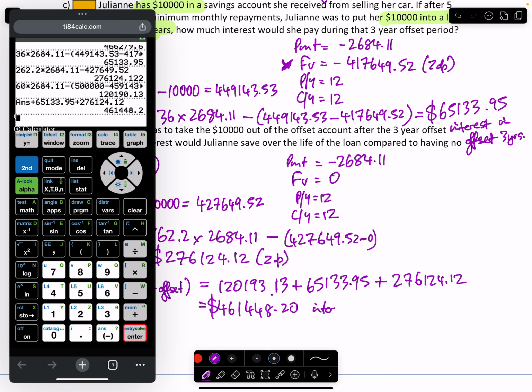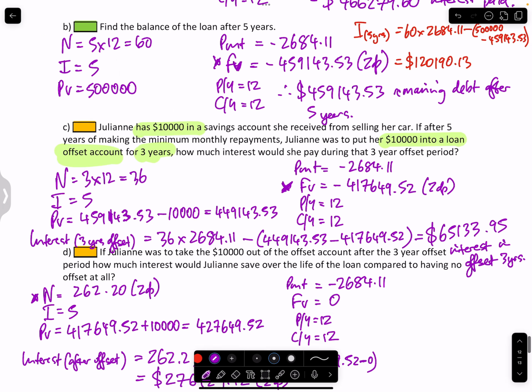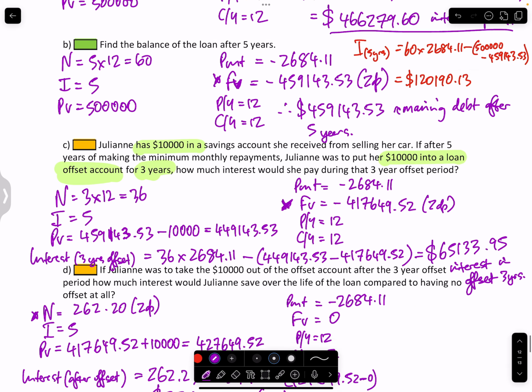Interest with 3-year, 10 grand offset after 5 years. We want to work out how much interest was saved. Well, the OG, the default interest paid is 466,279.60.